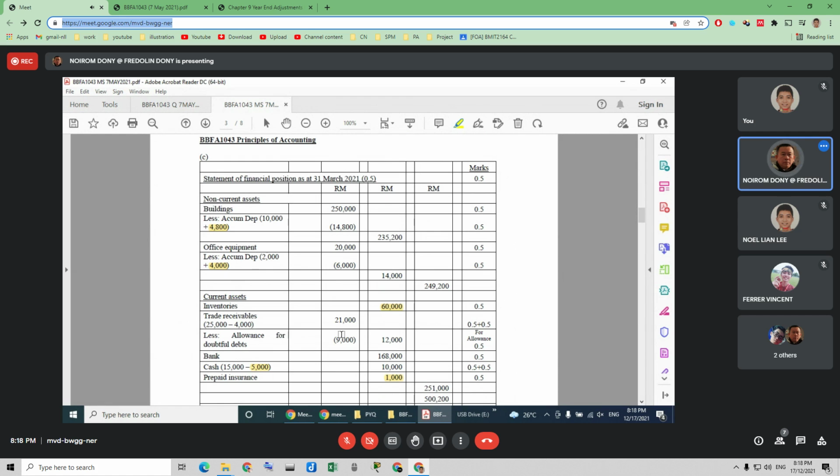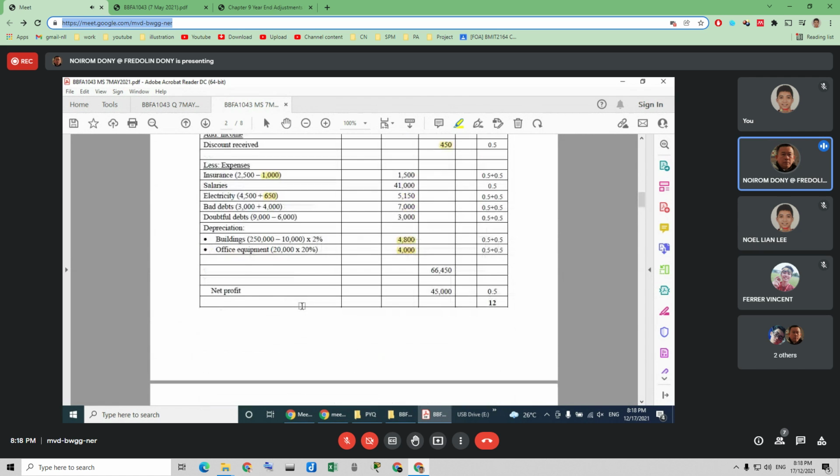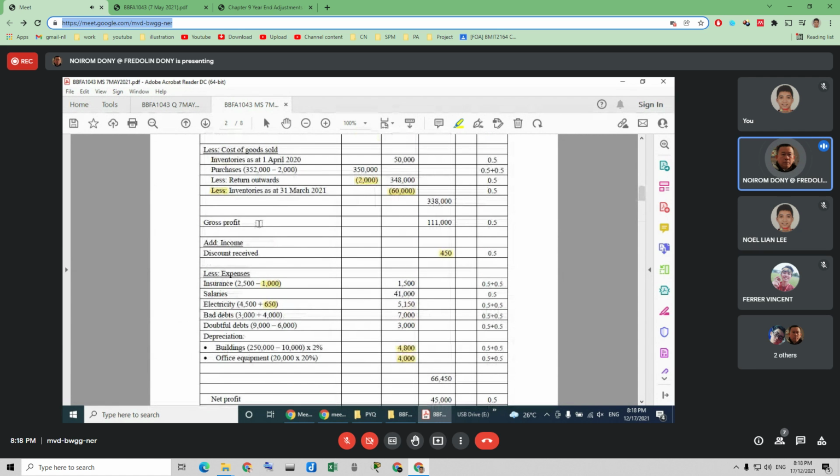Do you remember that? So how do you reflect that in the statement of financial position? The credit is when you minus the purchases amount here. So this is a credit entry, because reducing a debit item, you put on the credit side, isn't it? So you minus 2,000, that is credit.